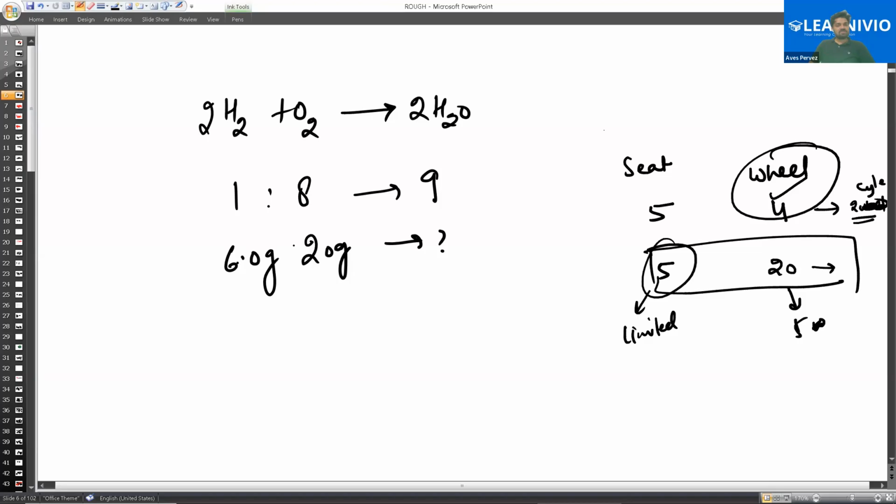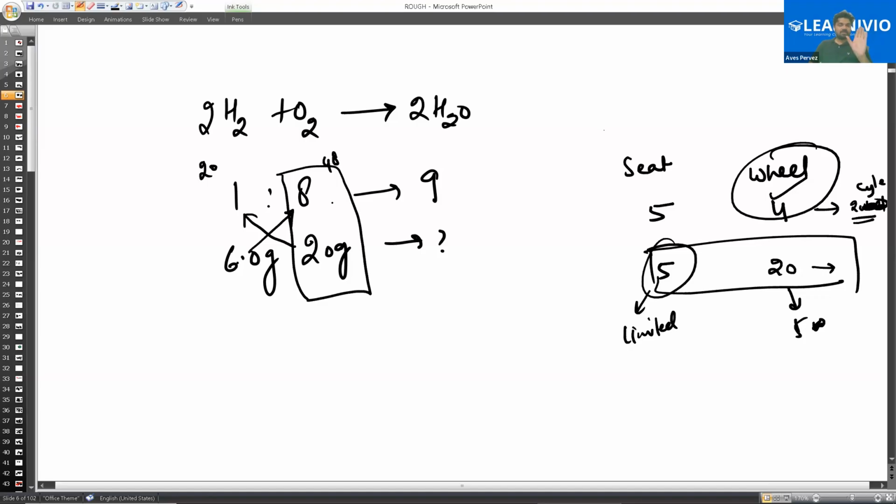For this, you cross multiply: 6 by 8, 6 8s are 48. And here you get 20. Where you get the smaller product, that is the limiting reagent. It means 20 grams of oxygen is in limited amount. We have an extra amount of hydrogen gas.